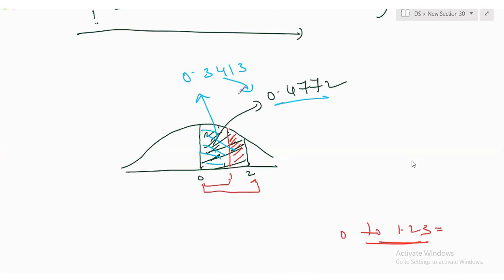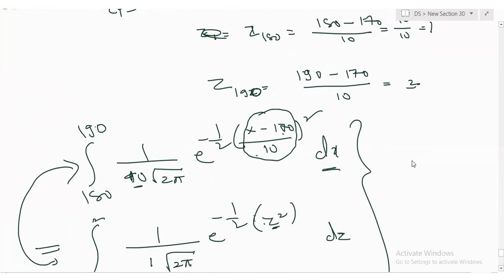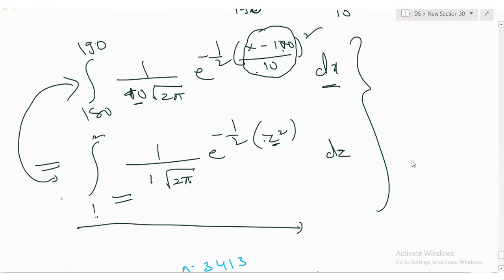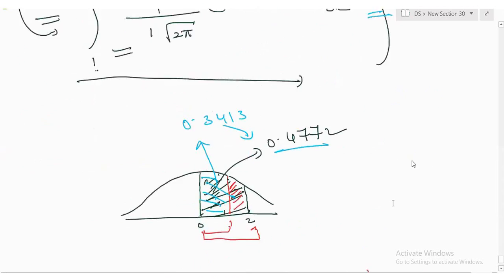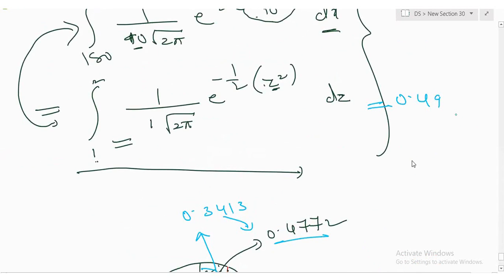So what I am trying to say is, if you do the calculations of this integral, the simplified answer I am going to get is 0.4772 minus 0.3413.